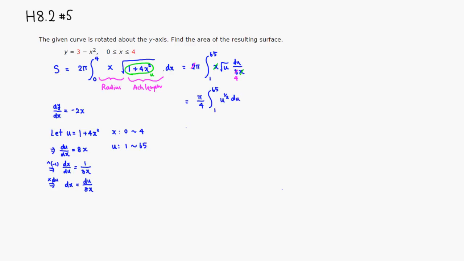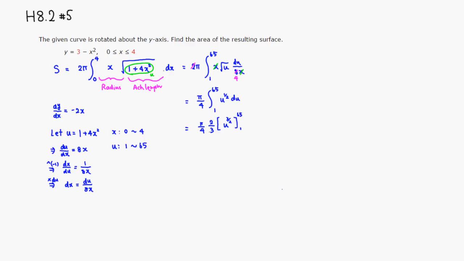Then if you take the antiderivative, add 1 to the power, so it's 3/2. Dividing by 3/2 is equivalent to multiplying by 2/3, so I'll put 2/3 outside, going from 1 to 65.